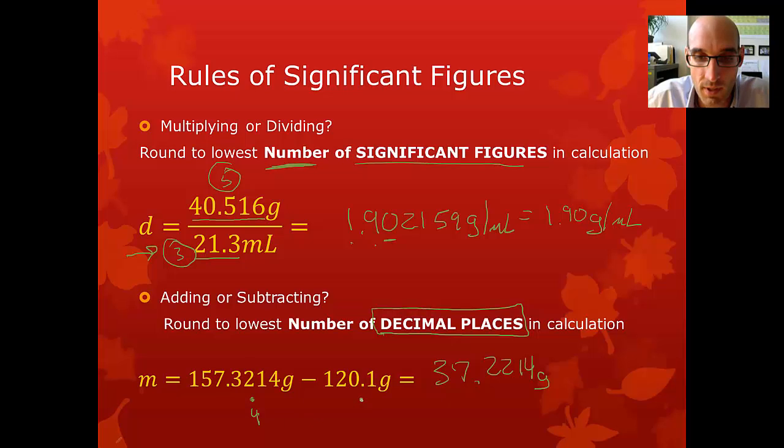And here I have 1. So the least number of decimal places is going to limit my answer. Just 1. So my answer gets rounded to 1 decimal place. I don't care about the 37. All I care about is that I'm rounding to that 1 decimal spot. So the answer for this becomes 37.2 grams. We are good to go.